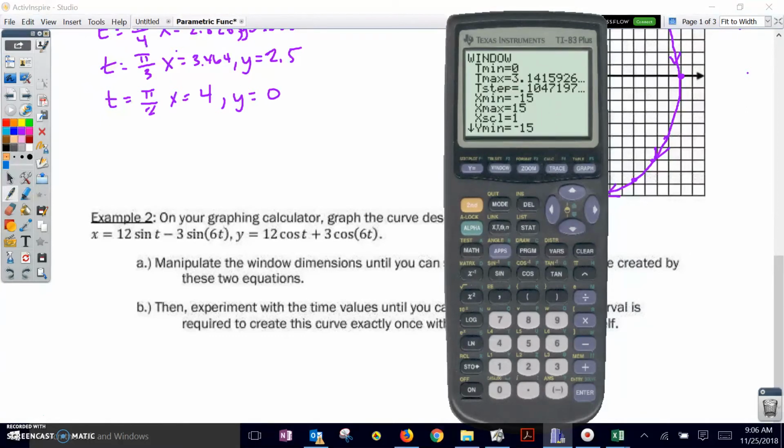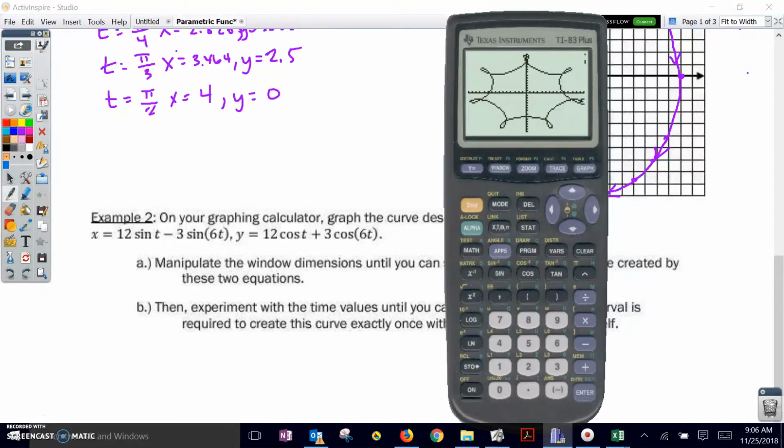And if I used a bigger t value, say 4 pi, I would get this graph, but once it got done creating the graph the first time, the graph would retrace itself.